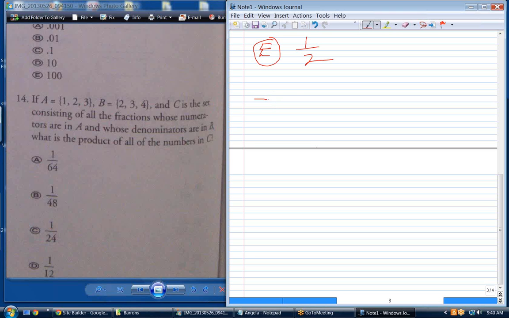I might start with minus 22, minus 21, minus 20, all the way up to plus 22, plus 23, plus 24.